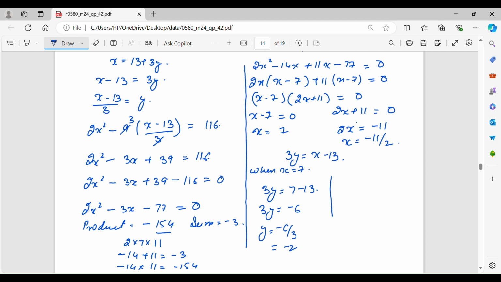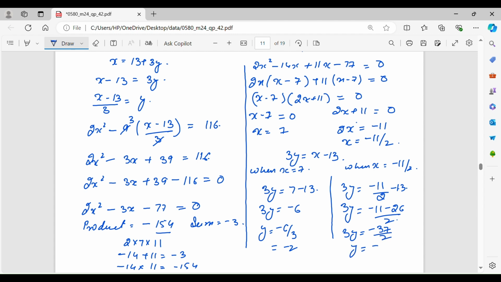Here when x equal to minus 11 by 2, 3y will be equal to minus 11 by 2 minus 13. 3y will be equal to minus 11 minus 26 by 2. 3y will be equal to minus 37 by 2 and y will be equal to minus 37 by 6, which is equal to minus 6 1 by 6.